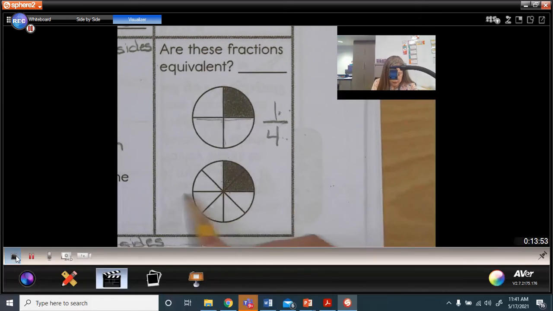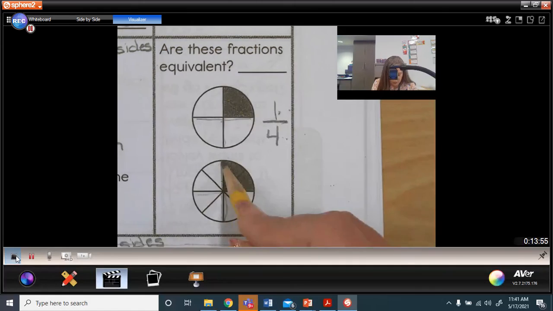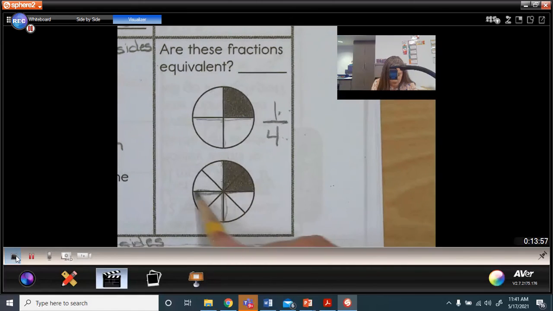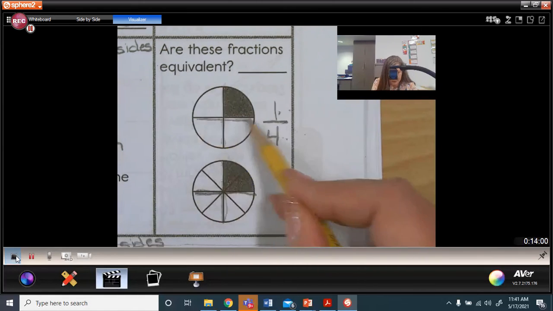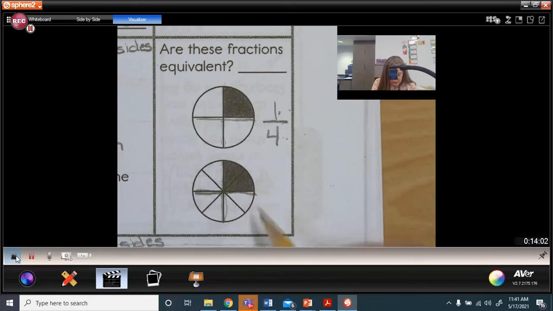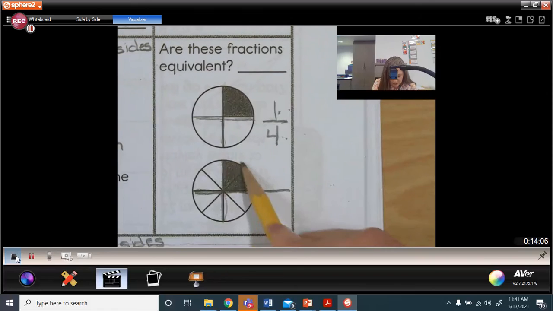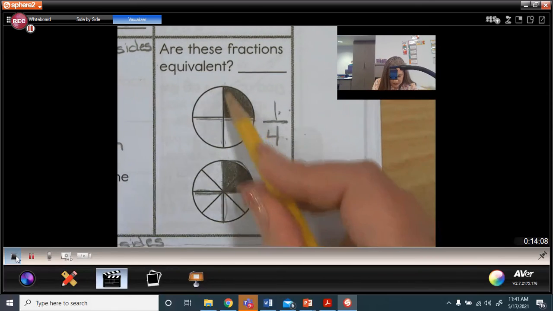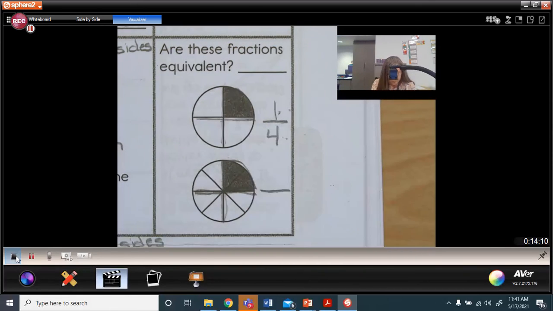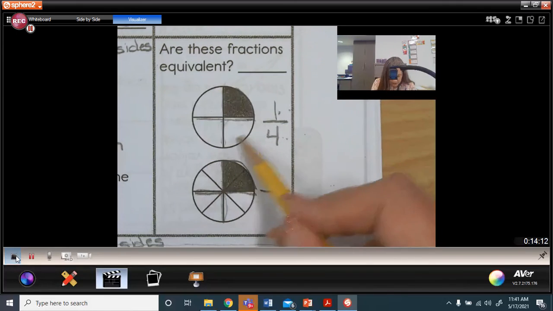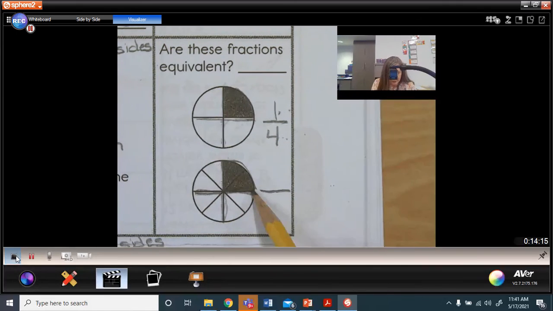Now, if you look at this model, it looks very similar to what's happening up here, doesn't it? Well, let's think about it. Does this piece match the piece that is here? Does this piece match the piece that's here?